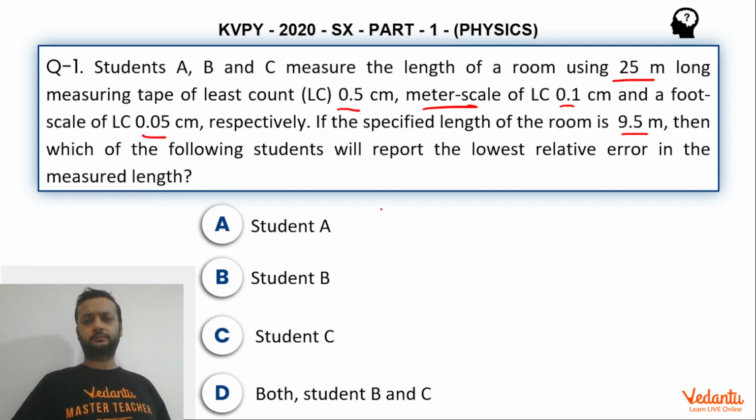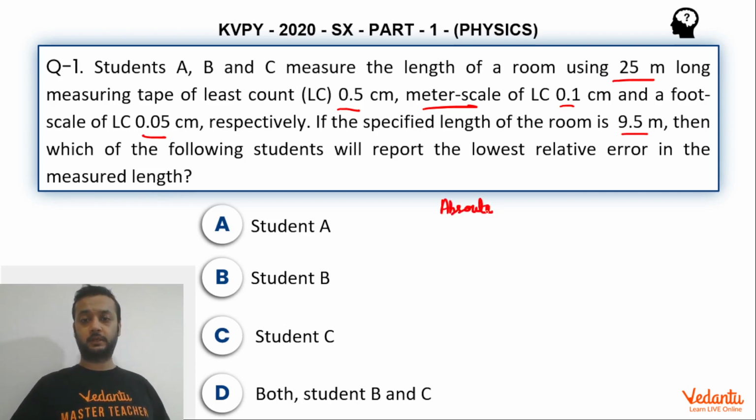Now each of them is going to measure the same length, 9.5 meters. So the mean value of the length will be the same for all of them, 9.5 meters. So whichever student has the maximum absolute error, that student will have the maximum value of relative error as well. Because if you remember, the relative error is defined as absolute error divided by mean value.